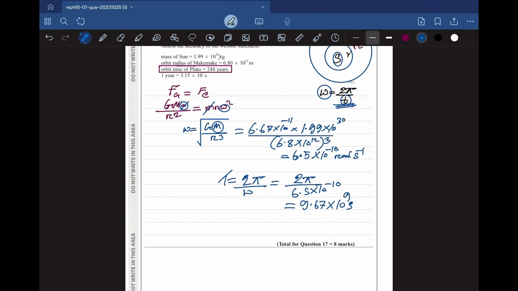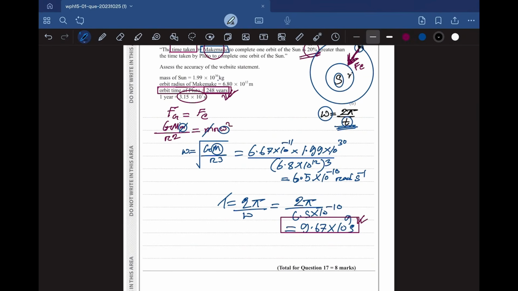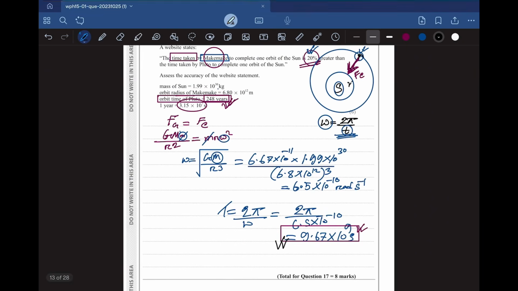We have successfully figured out our time period, but the value right here is in seconds, and in the question they have asked us for the time it takes for the Makemake to complete one orbit, or basically the orbital time of Makemake.